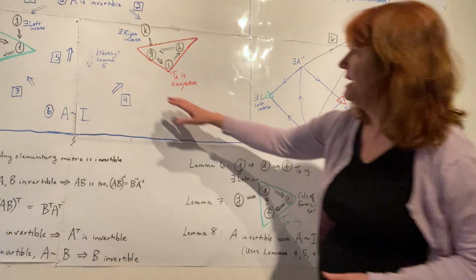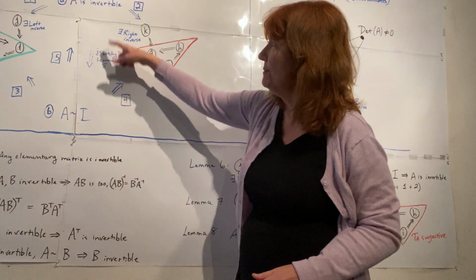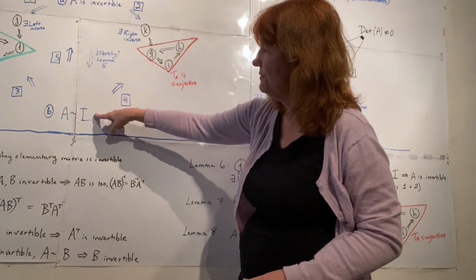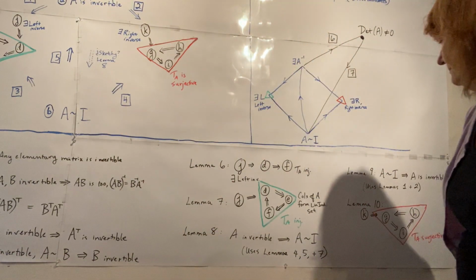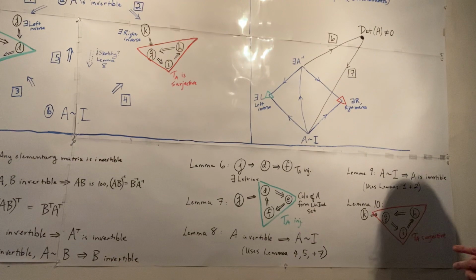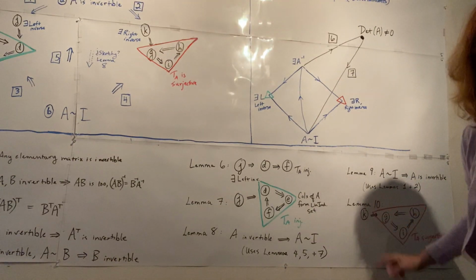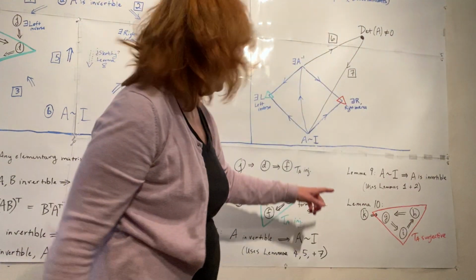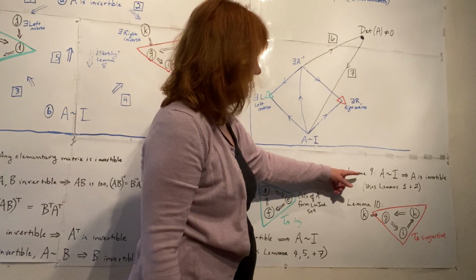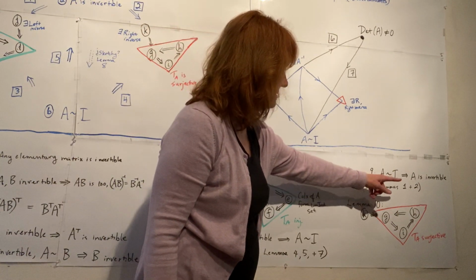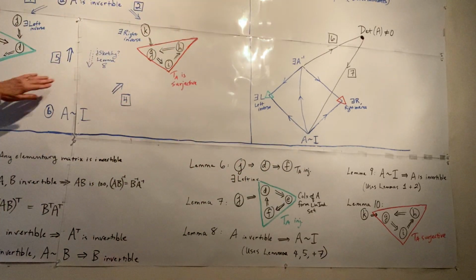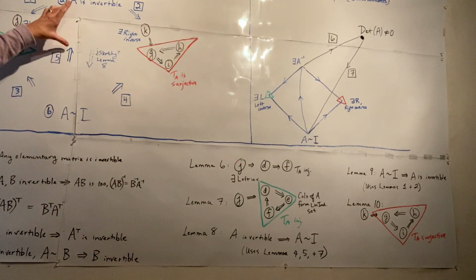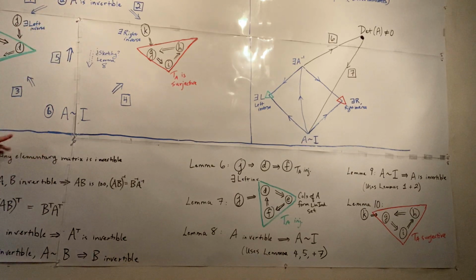So again, Lemma 8 goes from A is invertible to A is row equivalent to the identity without using determinants. Lemma 9 right here, that A is row equivalent to the identity implies A is invertible. That's this direction. That's easy. You only need Lemmas 1 and 2.